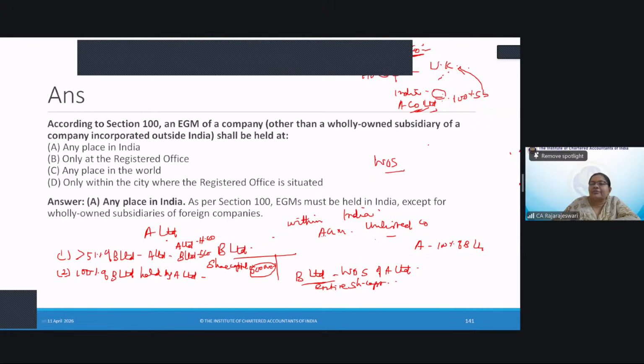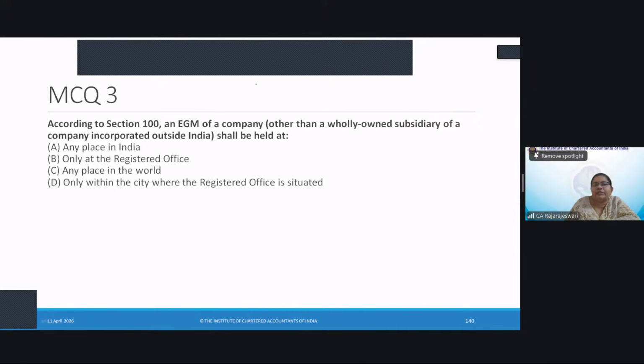So this UK company's wholly owned subsidiary is A company. Other than this situation, it can be held at any place in India. In India, you can hold EGM in any place in India. That is the concept.